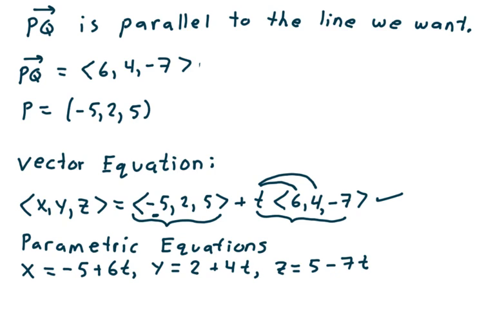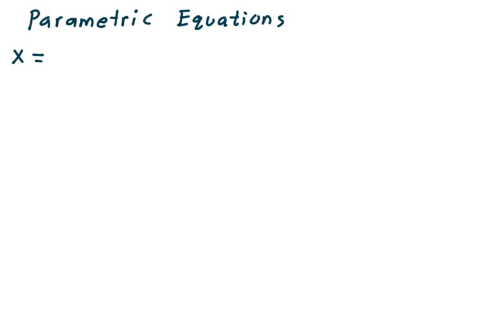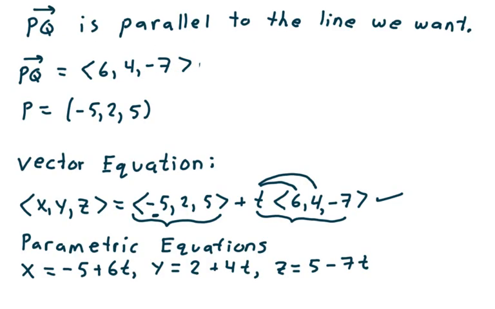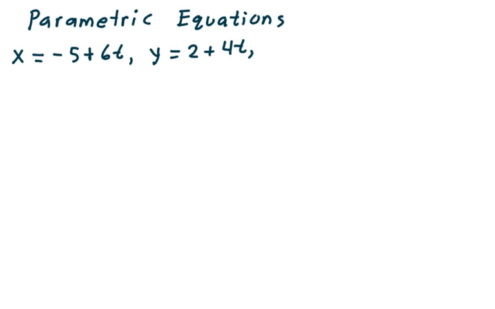Now, let's write the parametric equations over here to remind ourselves. x equals -5 plus 6t. y equals 2 plus 4t. And z equals 5 minus 7t.